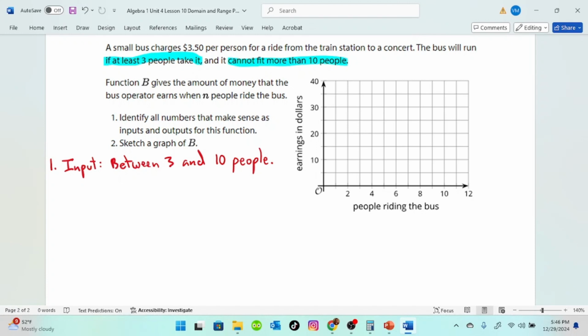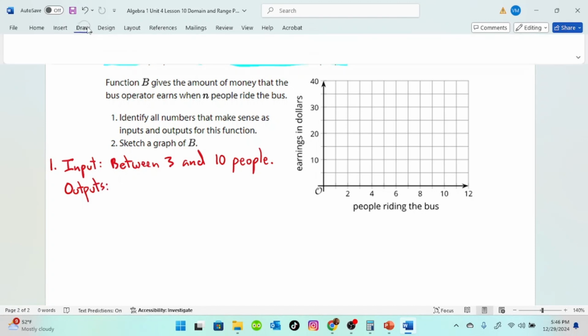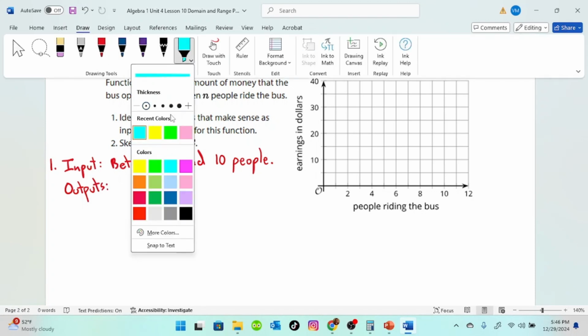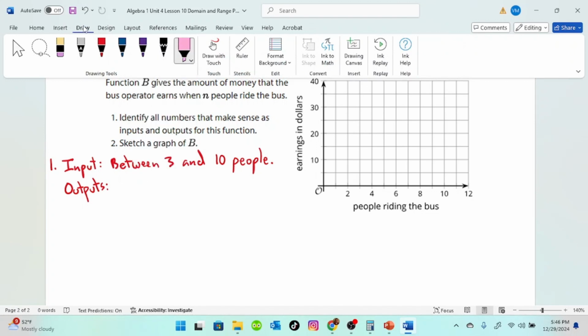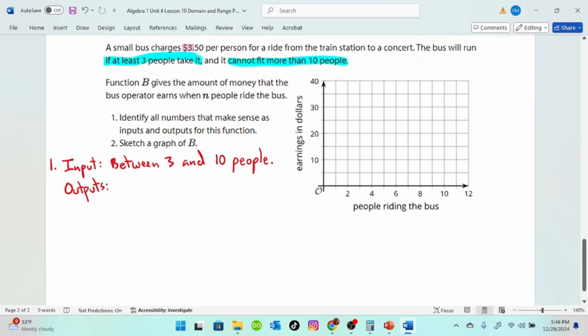Next, we need to identify the outputs. Well, here we need to take one more piece of information. It's $3.50 per person.